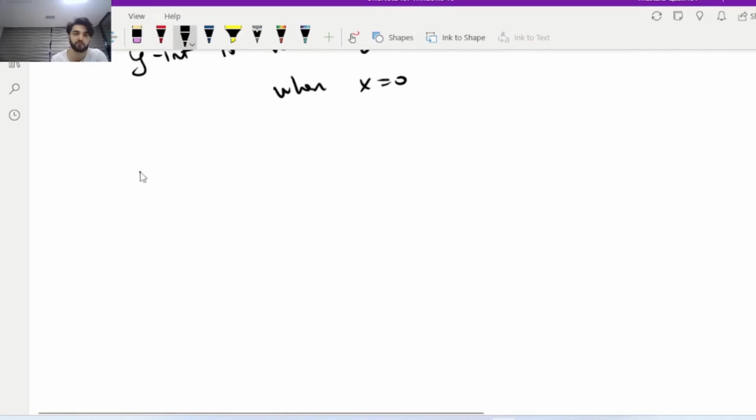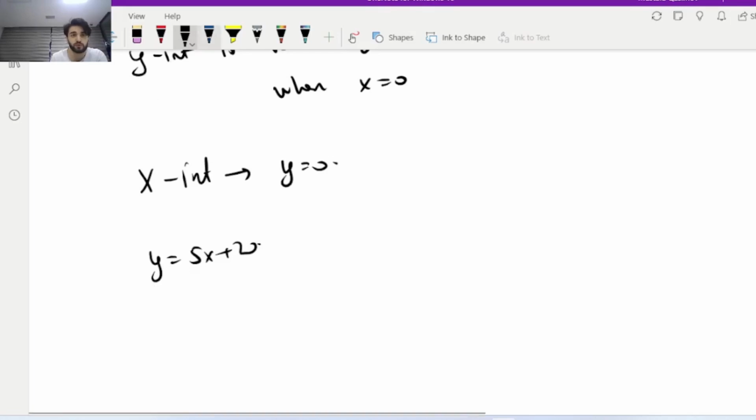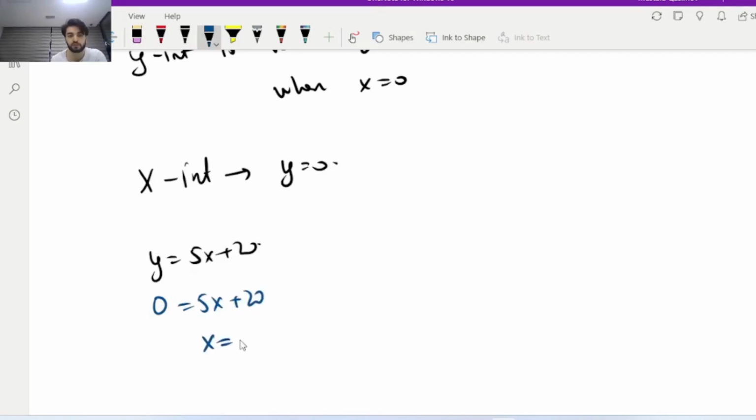Okay, now let's talk about x-intercept. X-intercept is the value of x when y is equal to 0. Let's write y is equal to 5x plus 20. For finding x-intercept, we have to write 0 instead of y. After that, we have to find x.